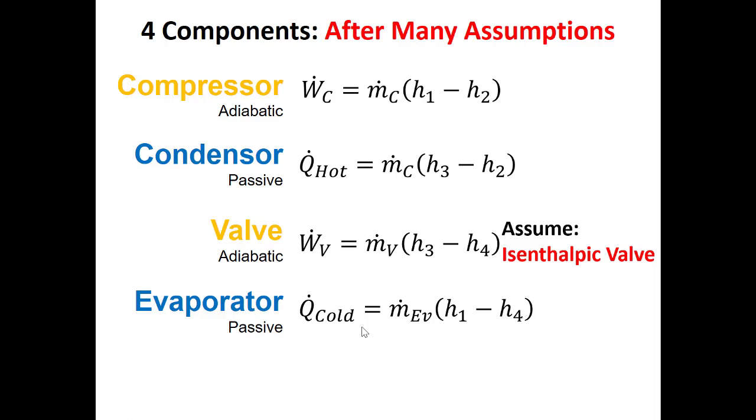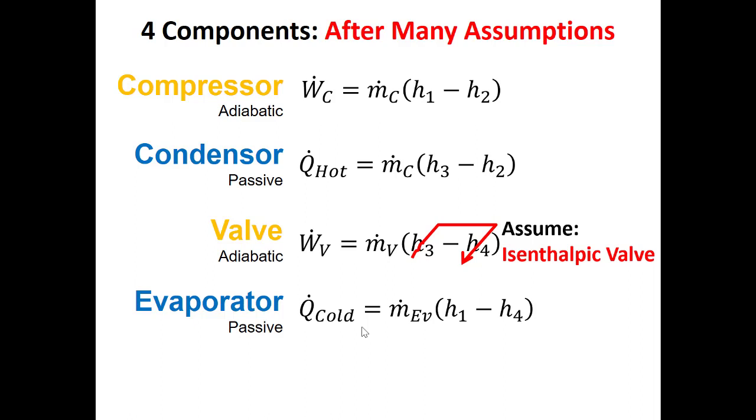If you don't remember, isenthalpic means that the enthalpy is constant across the valve. So that means that H3 is equal to H4. And if that's the case, what we find is that there is no power produced by the valve. So it's kind of like a turbine, but a turbine that doesn't really do anything.